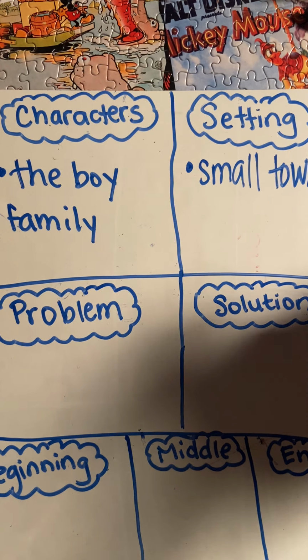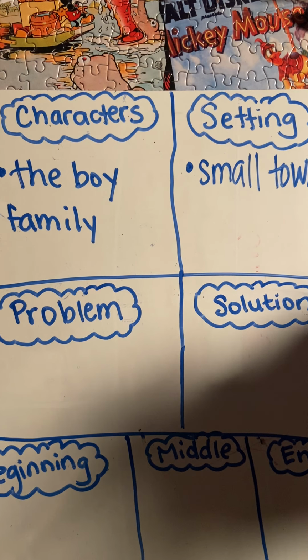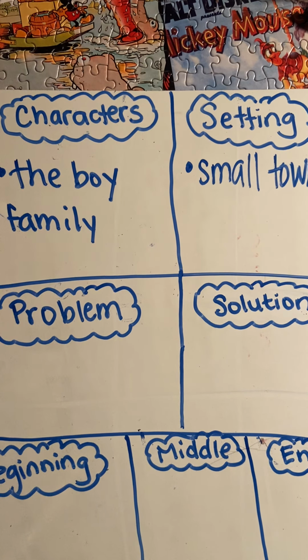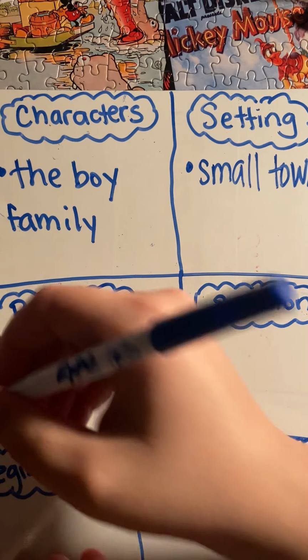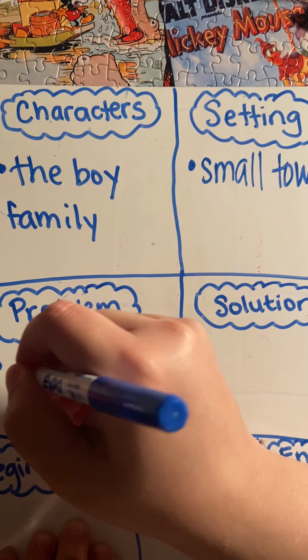Now, what was the problem? We read about this car and they were on their way. What caused something that would take them off their original plan? Well, if you remember, the car broke down. That's the problem.